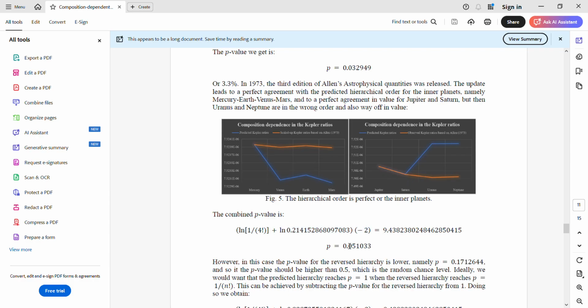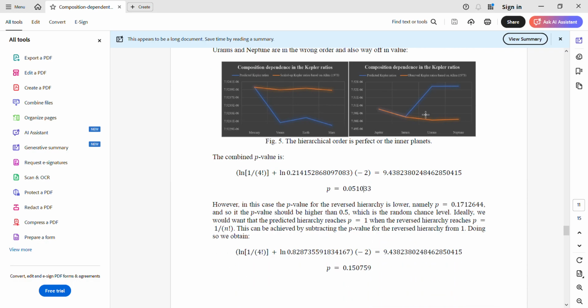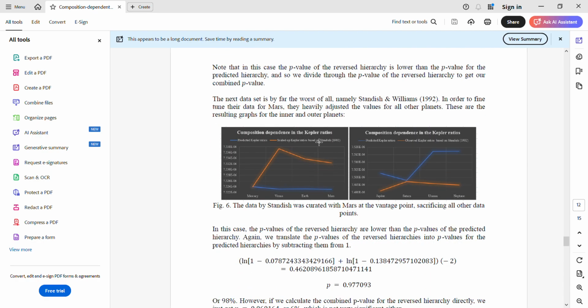And here, yeah, not so good. So we get a total value of 5% chance that this is a coincidence. Then this is very bad data by Standish.